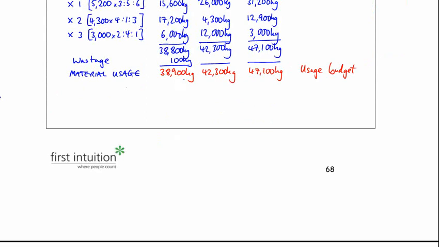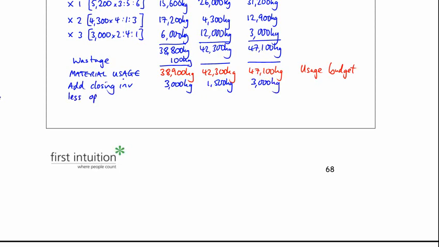Okay, so material usage is 38,900 for plastic. We add on the closing inventory for the three different materials, which are 3,000 kilograms, 1,500 kilograms, and 3,000 kilograms.